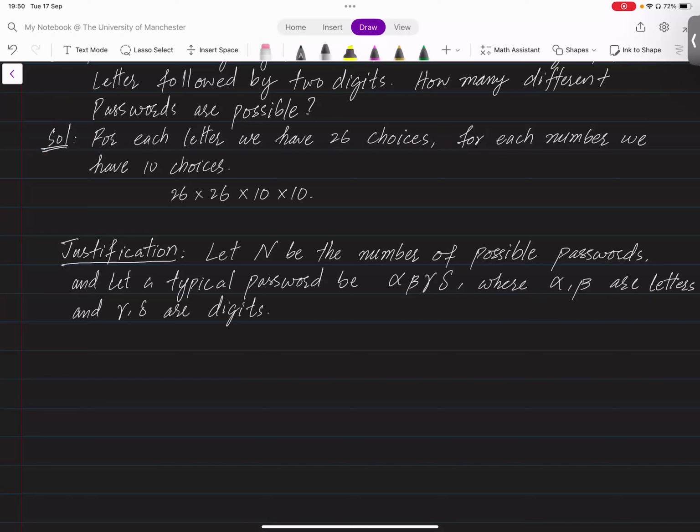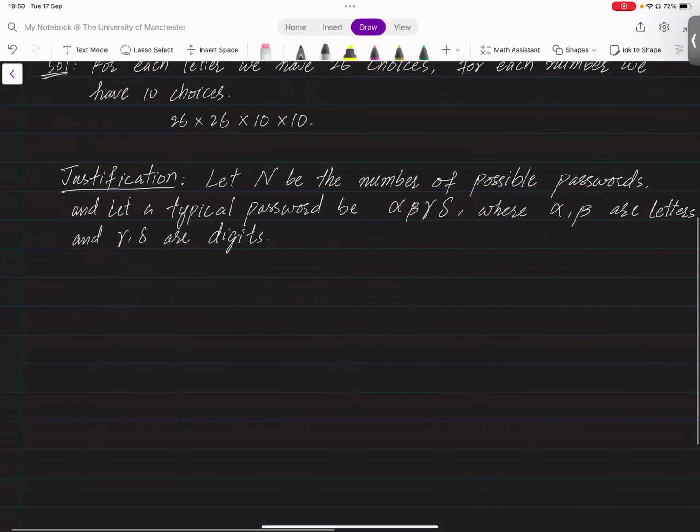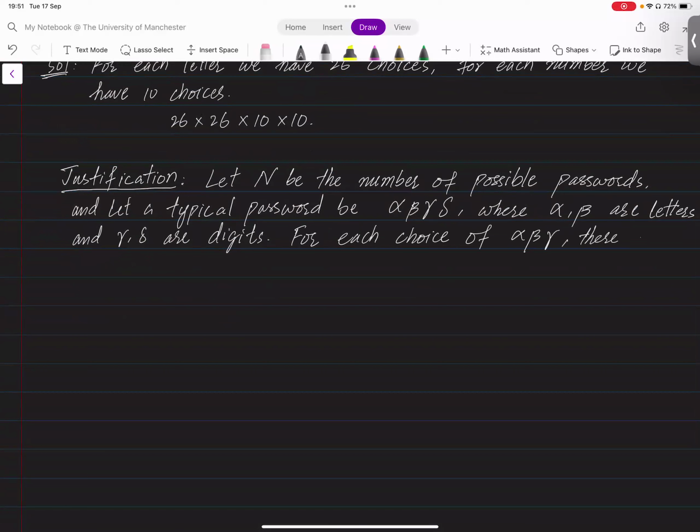For each choice of alpha, beta, gamma, there are 10 passwords, say alpha, beta, gamma, delta.